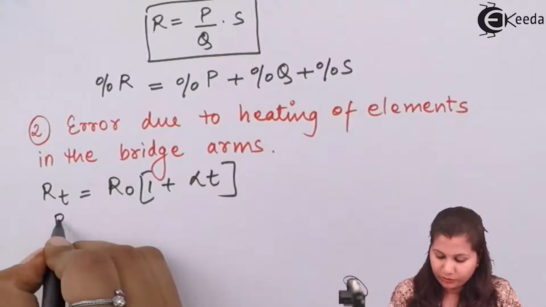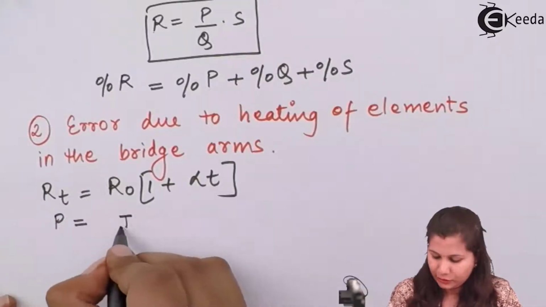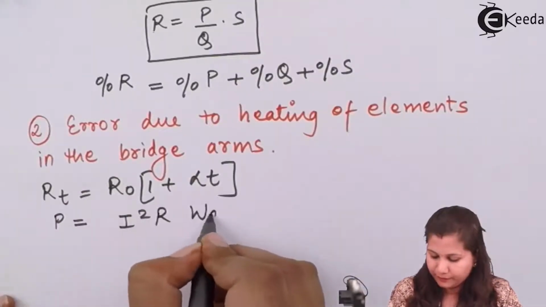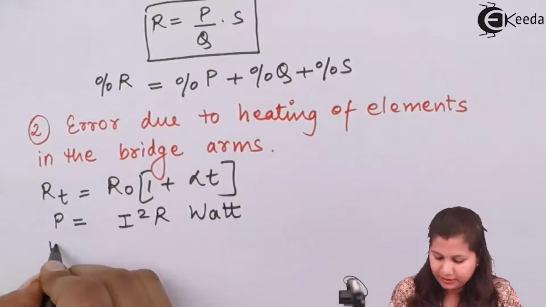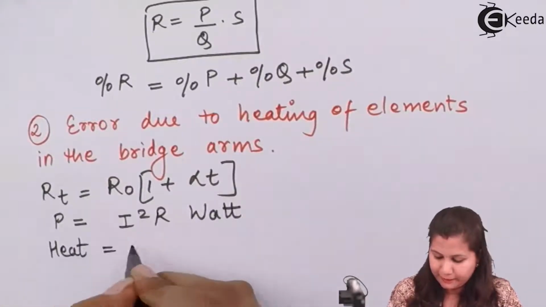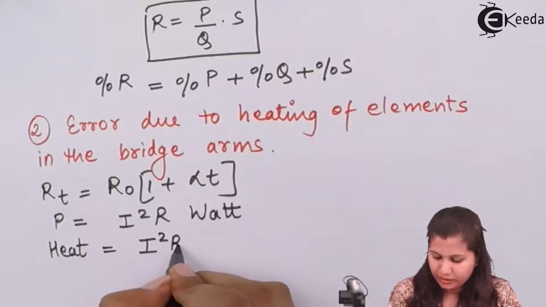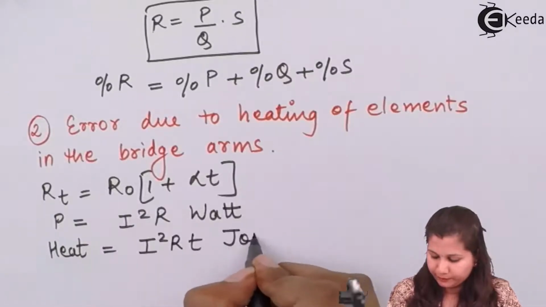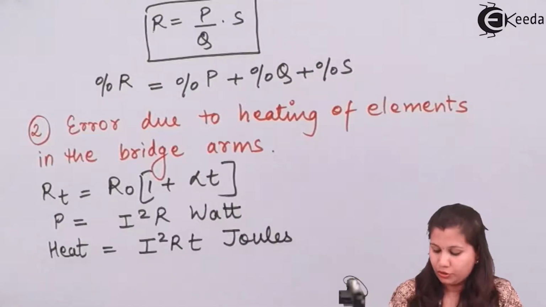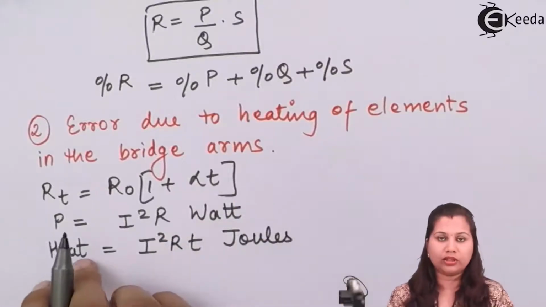Also we can find the power, that is I square R watts, and the heat we can calculate by I square R T joules. Through this we can find the error.